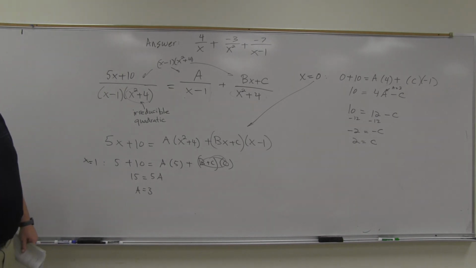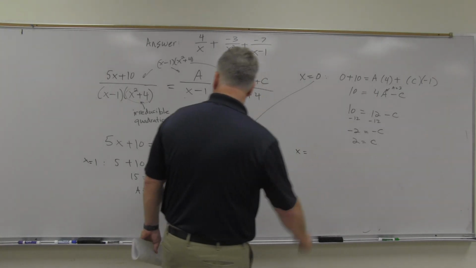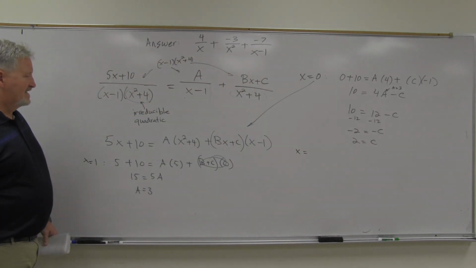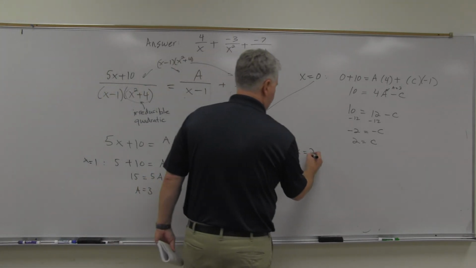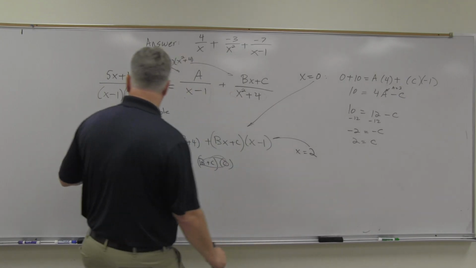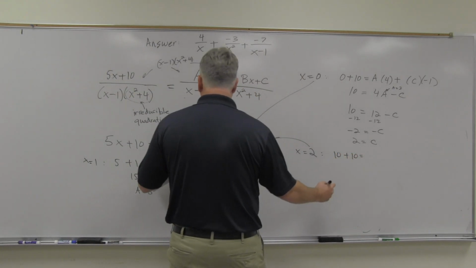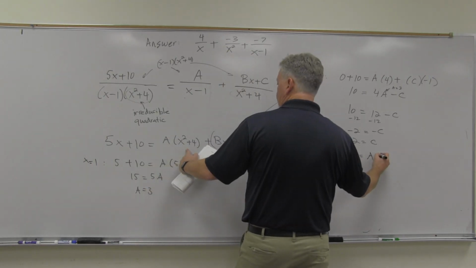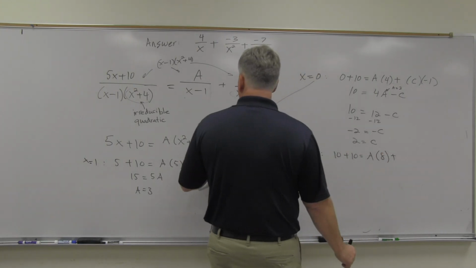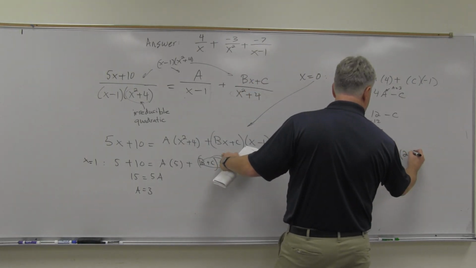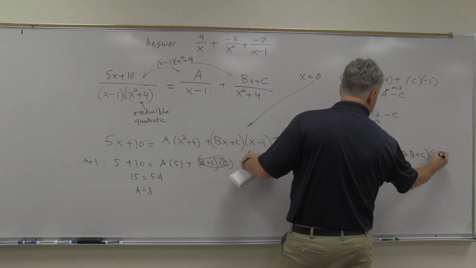But as far as obvious choices go, we've done 1 and 0. Let's do 2. So plug in x to be 2 here, so that'd be 10 plus 10. And then a times, what's x squared at 2, so it'd be 4 plus 4, it'd be 8. B times 2, so 2b plus c times x is 2, so that'd be times 1.